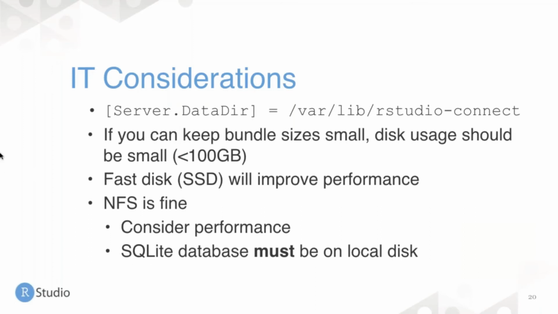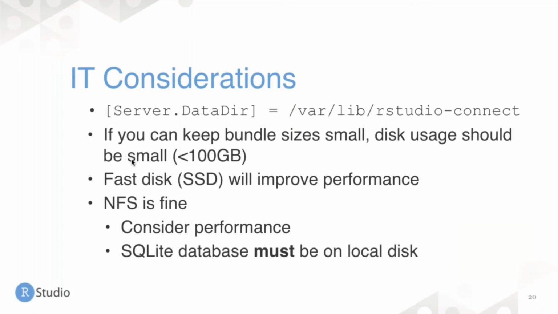If you're expecting that you're dealing with large data sets and people are going to be publishing large bundles, you might want more than that. Obviously, if you have the luxury of being in an environment where you can have a scalable disk volume, that would be the most ideal. But you're going to get the best performance out of a fast disk, so something like SSD is usually appropriate for the kind of workloads that we're using here.